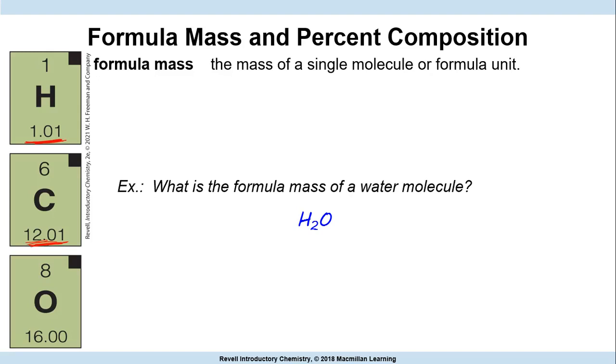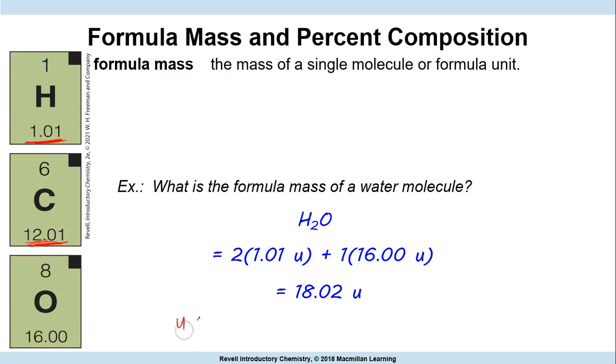So we have 2 hydrogens. We are going to multiply by the mass of hydrogen. So that gives us 2 times 1.01 atomic mass units, plus the mass of oxygen is 16.00, and we have 1 in water. So that is going to give us 1 times 16.00. That gives us an answer of 18.02 atomic mass units.